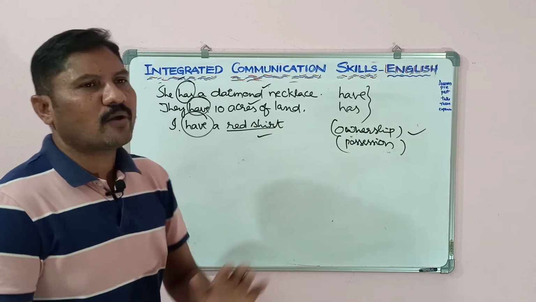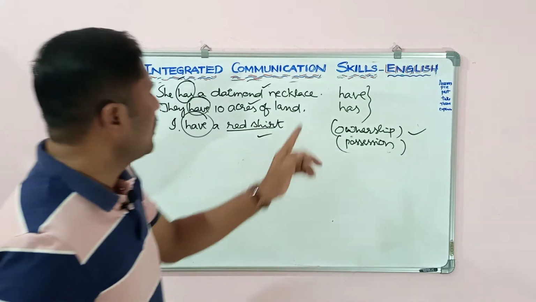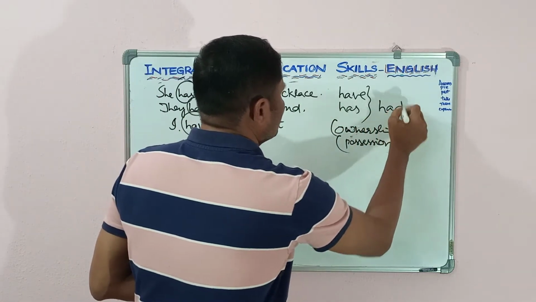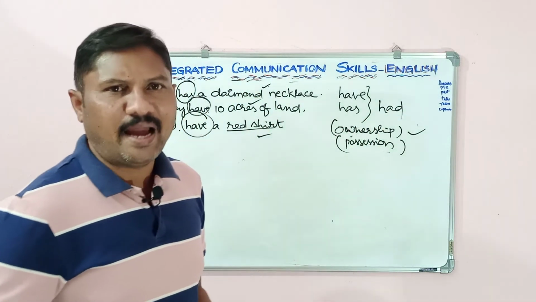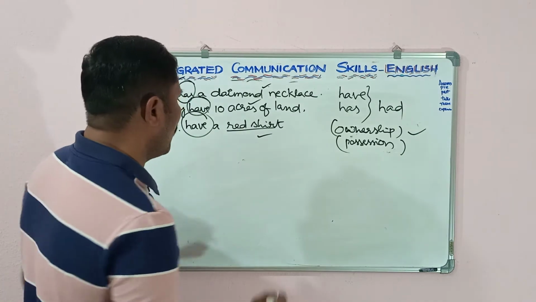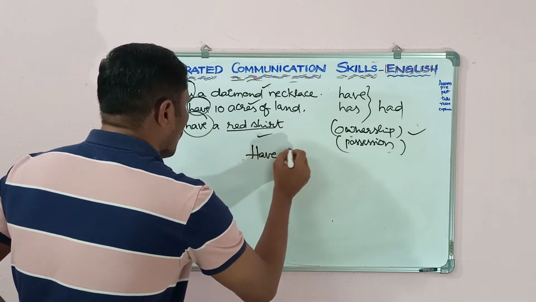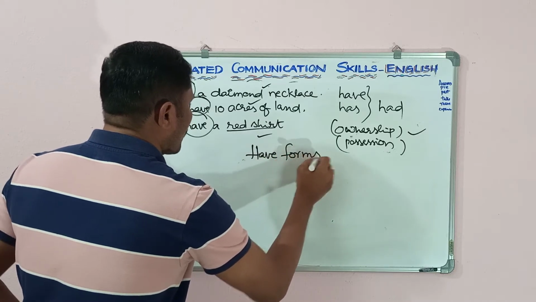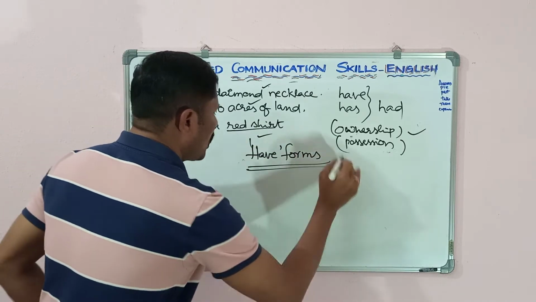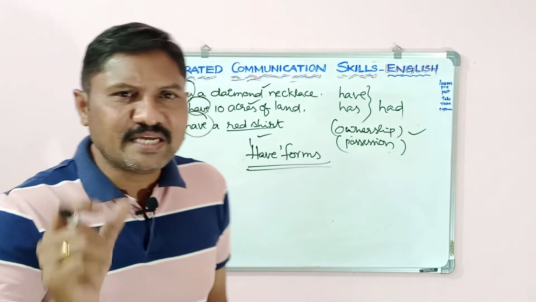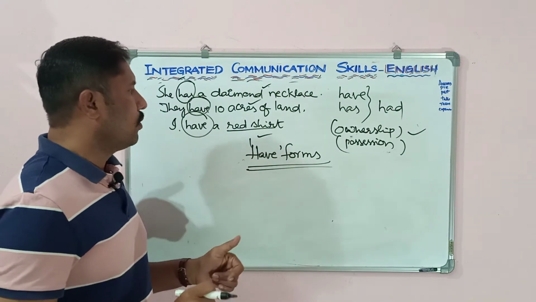So today we are going to learn about these: have, has, had. These are all have forms. So now I am going to teach have forms in detail in this video.